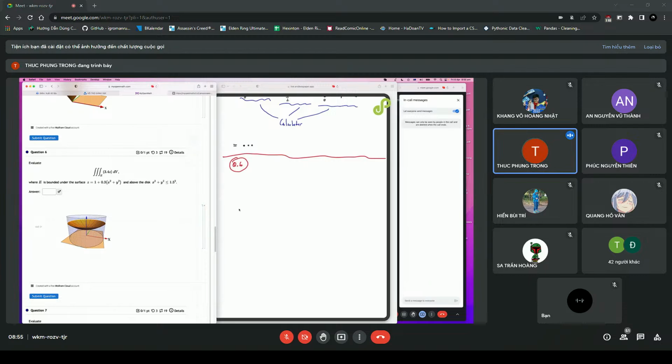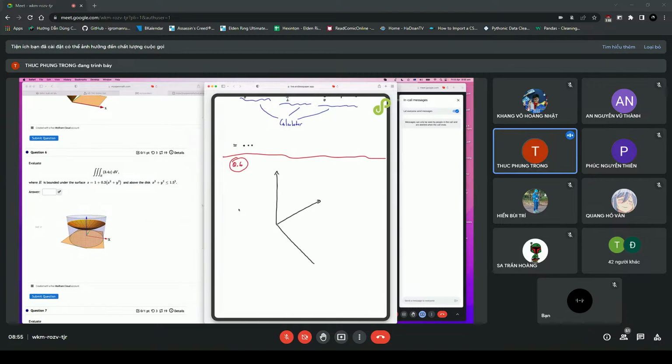So let me try to draw it again right here. So we have x, y, z. First, we have the paraboloid. So it's right here. Yeah, maybe that's good enough.